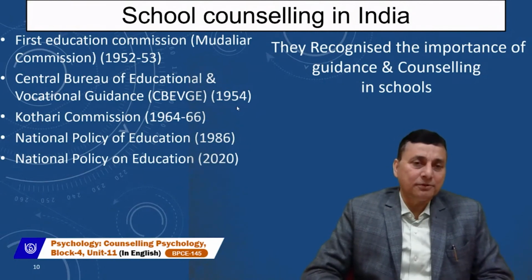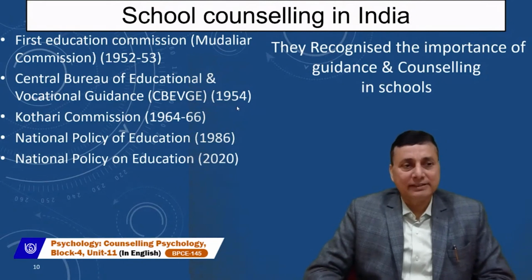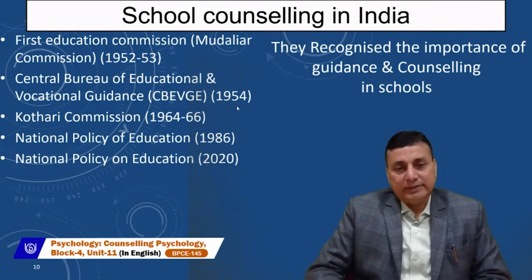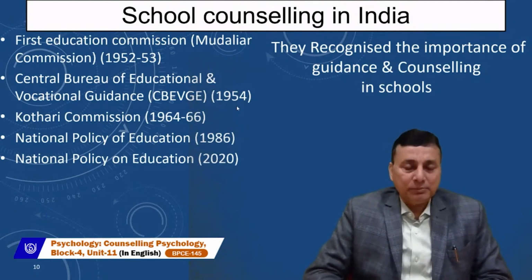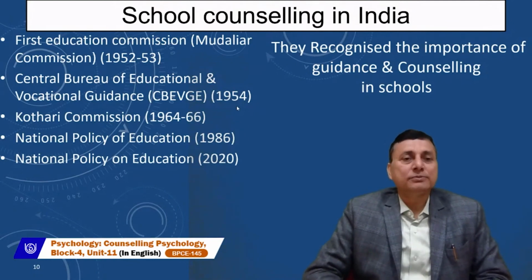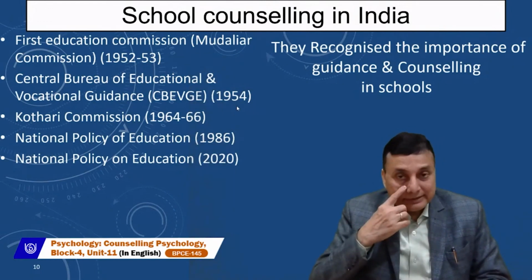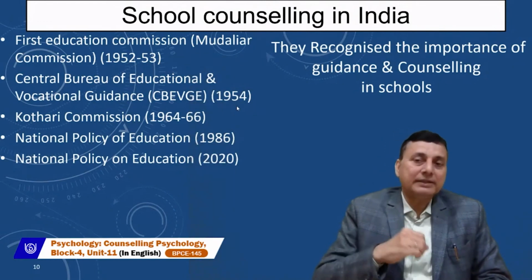The Kothari Commission was formed in 64 to 66, then the National Policy of Education came in 1986, and the National Policy on Education in 2020. It shows that the government is working in this direction, and there are rules already, but there is a little problem in implementation.